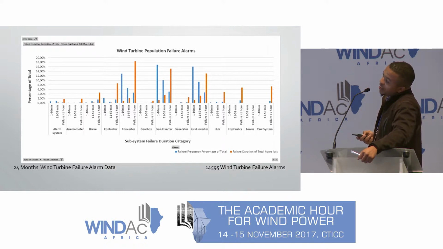These alarms are now categorized into the different categories to have a basic understanding of where these alarms lie. You can see that the yaw subsystem mainly experiences failure durations that are longer as compared to your other subsystems, like your gearbox, for example.